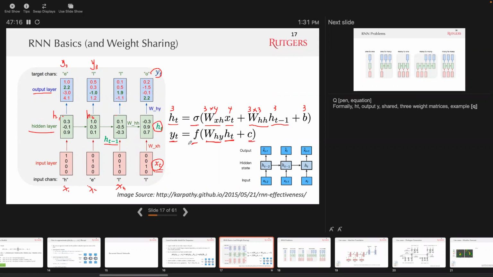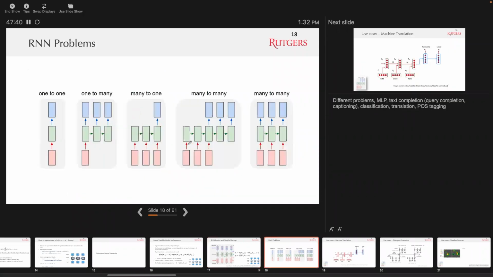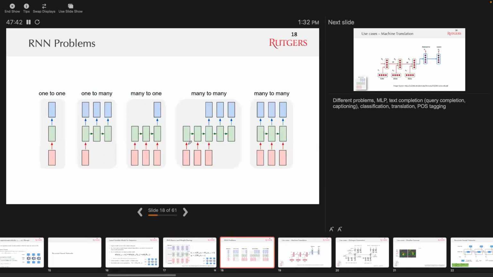Okay, so this is RNN, the vanilla version of RNN. Just to briefly summarize, the key here is to compute the hidden state and compute the output. There are actually different small variants of this RNN. Using the same structure, you can use it to do different tasks and different input-output mappings.